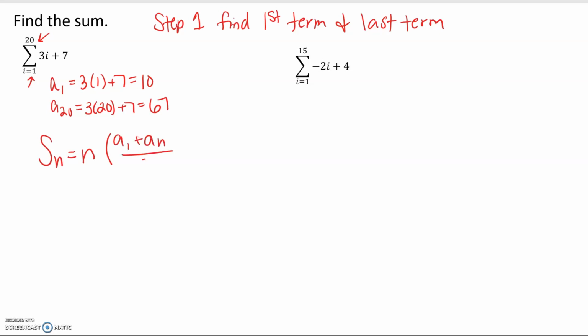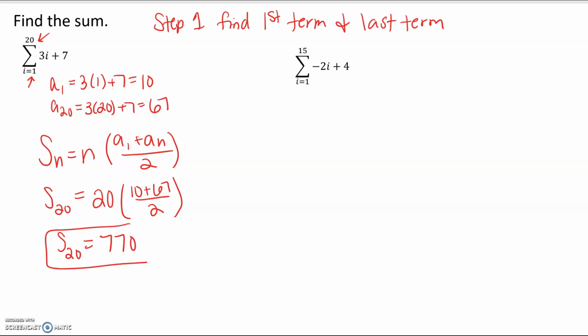It looked like this. And I'm going to plug in the pieces that I know. I'm trying to find the sum of 20 terms. I know I have 20 terms total. My first term was 10, my last term is 67, and that is divided by 2 inside the parentheses. So I'm going to simplify, and I get that the sum is 770.